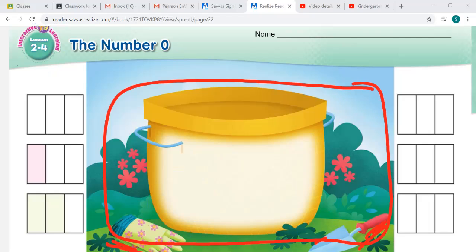Okay, so we are going to say that Maria is in her vegetable garden, and she doesn't see any potatoes in this basket. The basket is empty. So how can she use a number to show that the basket is empty? There's no potatoes in there.